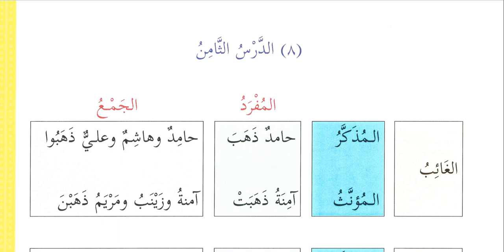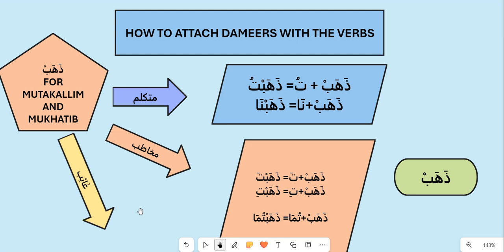First let's check my whiteboard where I have prepared how to attach the damirs with the past tense verbs. Here you can see I have made this differently for different groups, and whenever I start teaching about the damirs, I always start from mutakallim, mukhatib and ghaib.